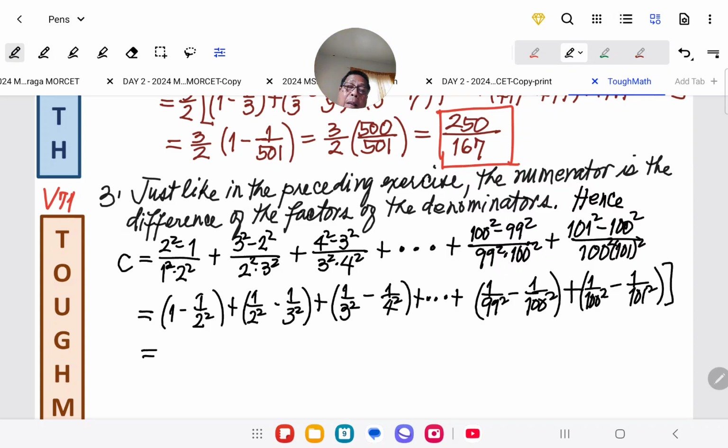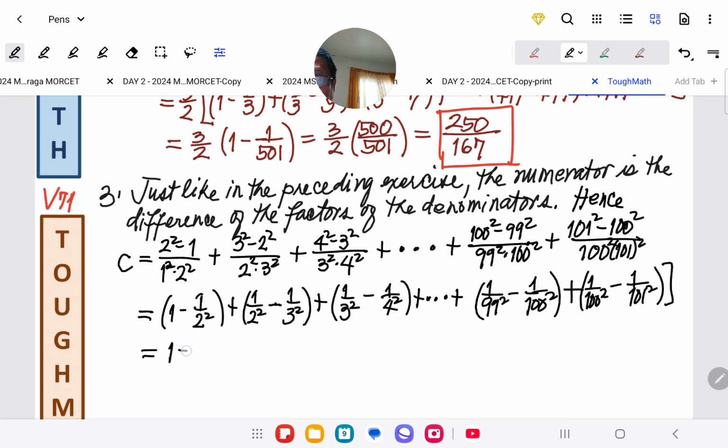And again, the inner terms disappear because each of them has a negative counterpart, so only the first and the last terms remain.